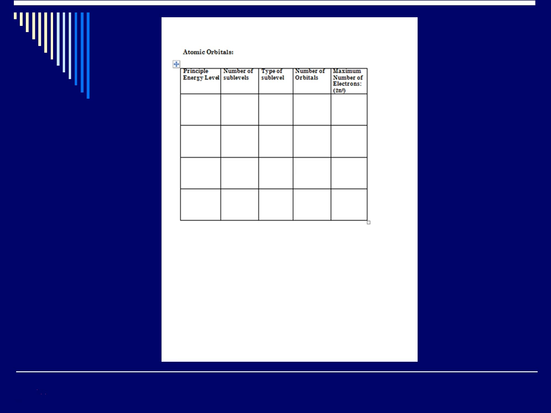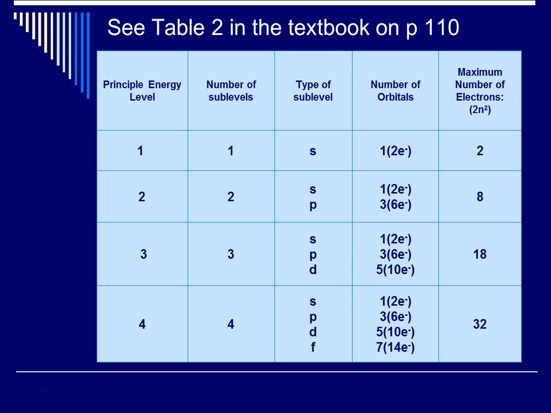It's also on table 2 in your textbook on page 110. So what you could do at this point is pull out your worksheet packet, and after I'm done talking, you could replay this video and pause it at this point so that you can fill this in.